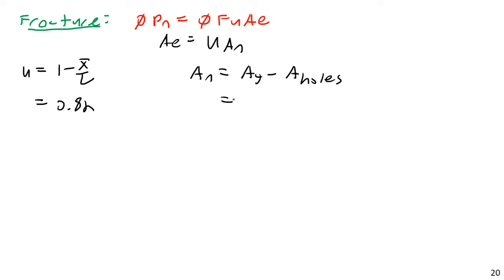And for our example here, this is going to be equal to 8.76 square inches minus the diameter of the bolt plus 1/16 plus 1/16 times the thickness times the number of the holes.